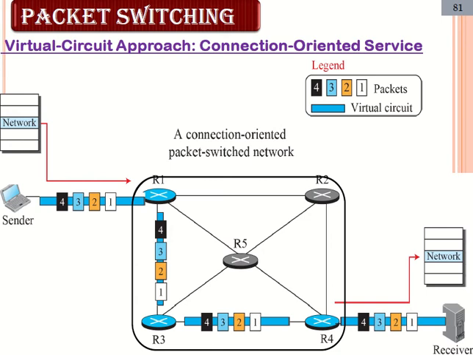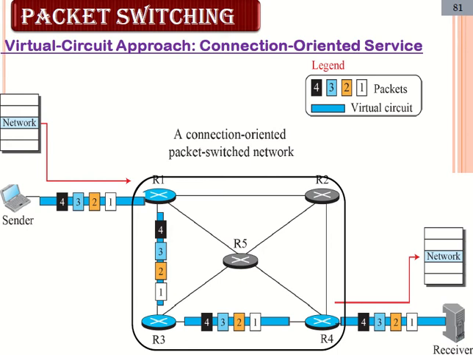In the virtual circuit approach, along with the address of the source as well as the destination, the packet should also contain a flow label, that is, the information about which path to be followed should be mentioned. So based on these three data, that is source address, destination address, as well as the flow label, the packet will be forwarded from the source to the destination.